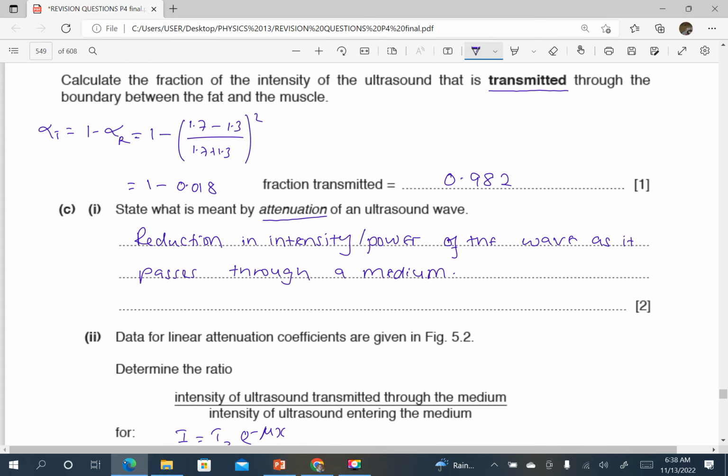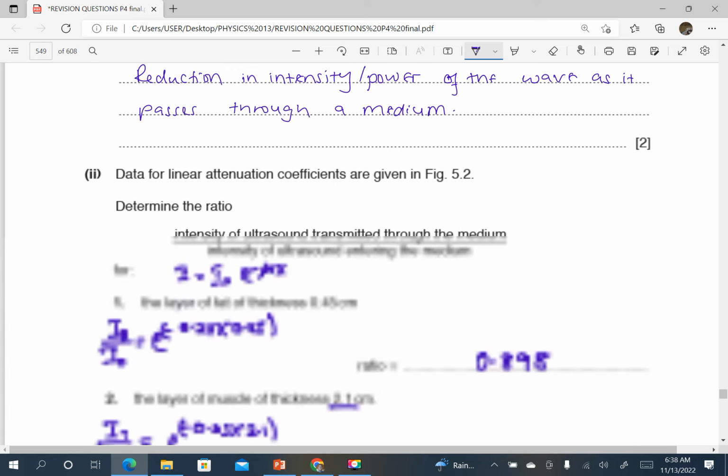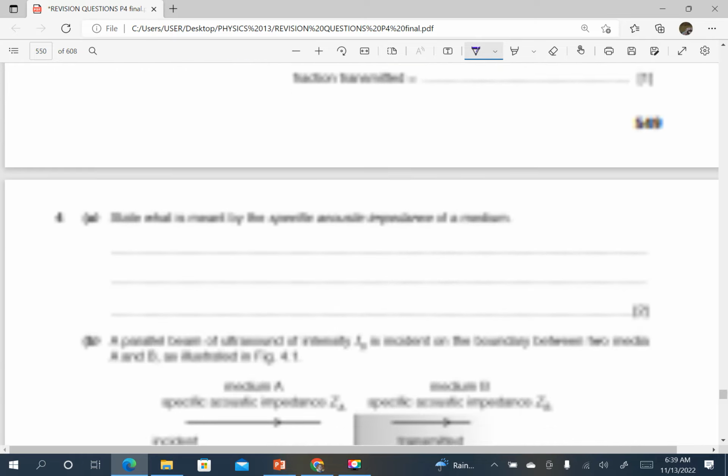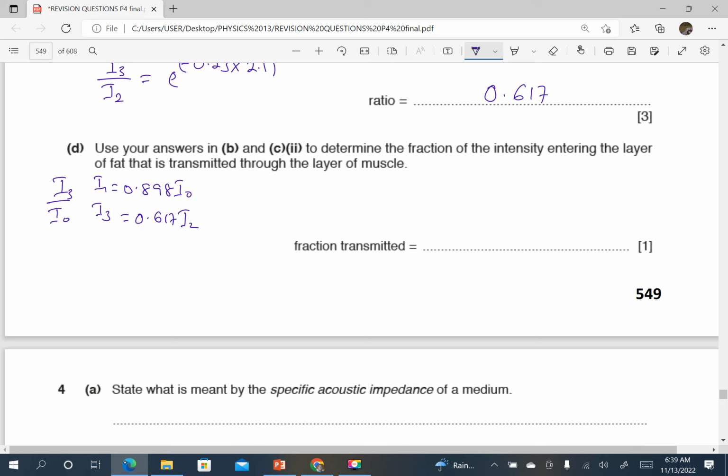Intensity transmitted at the boundary, that was I2 divided by I1, if I1 is what is incident on the boundary. So we can now also add it here as our third equation, that I2 is equal to 0.982 times I1. Now we just do back substitution.